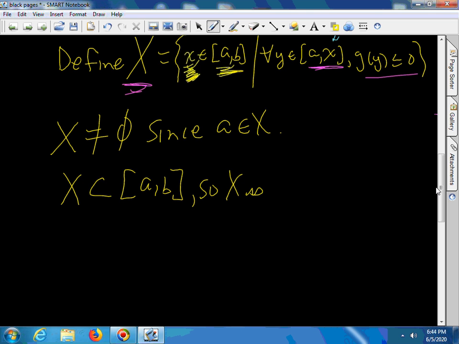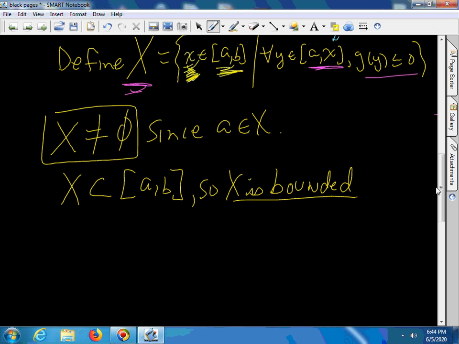So X is bounded, in particular from above. So let's write that. X not equal to the empty set and X bounded.